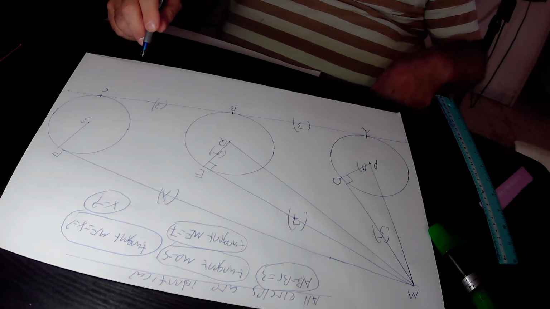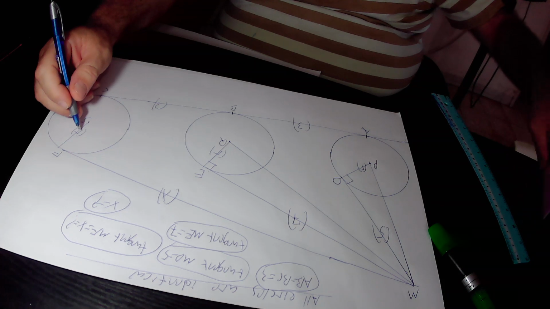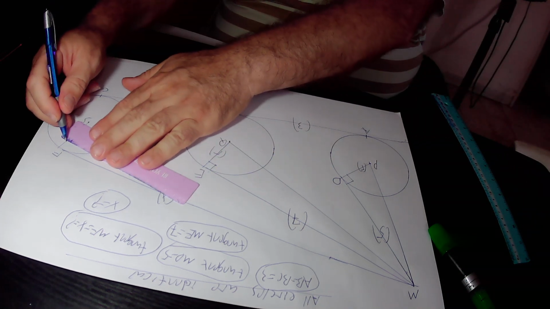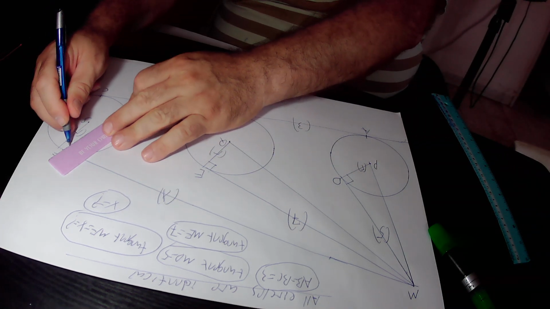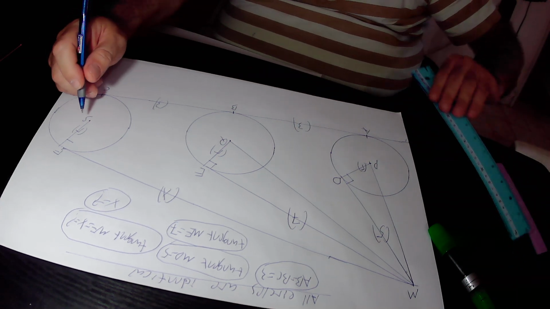SF is the radius of this circle, that is R, and according to rule 1, this angle equals 90 degrees in its size. We join points S and N together by a straight line.